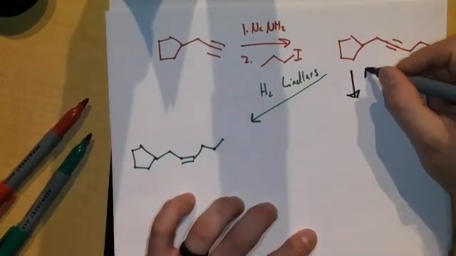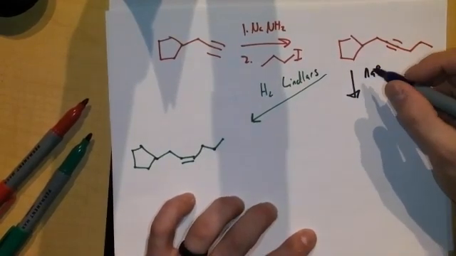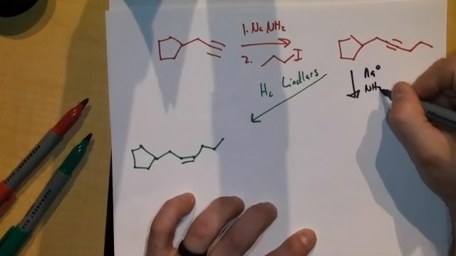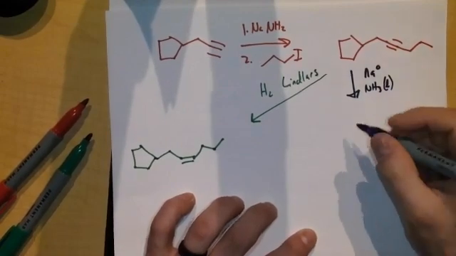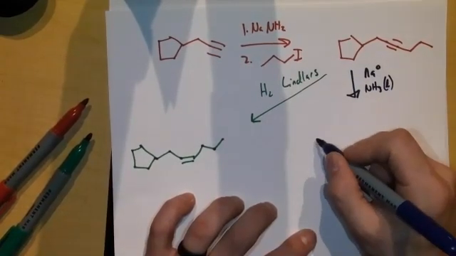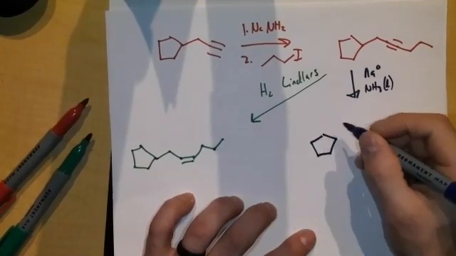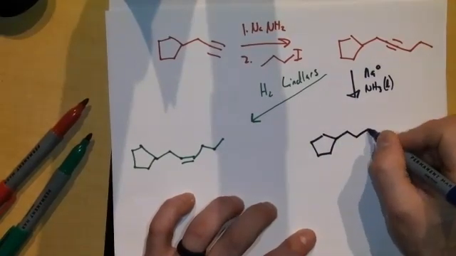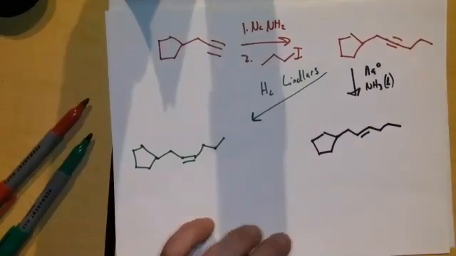Versus Na and liquid ammonia. From here, you could brominate both of these.